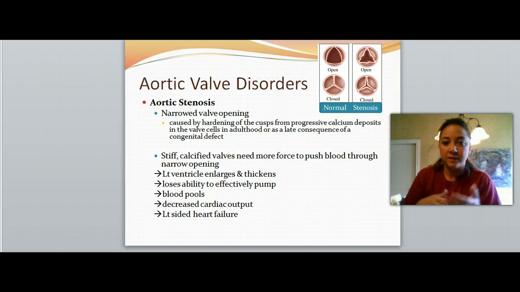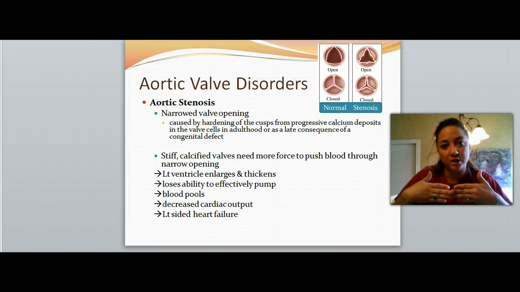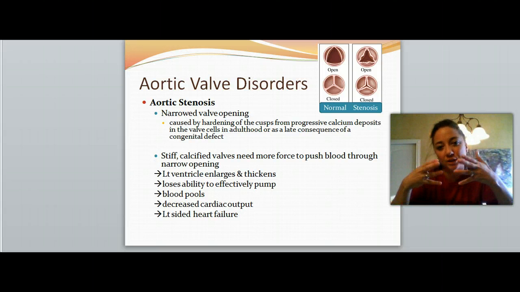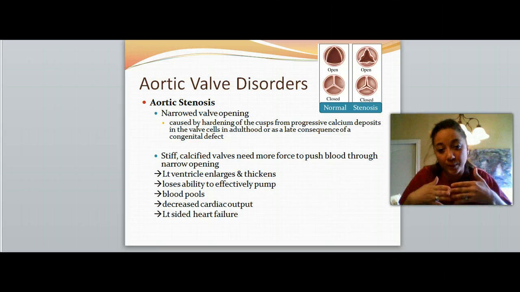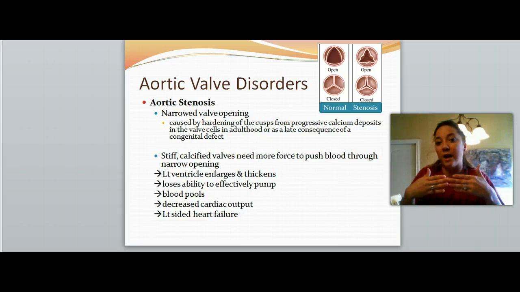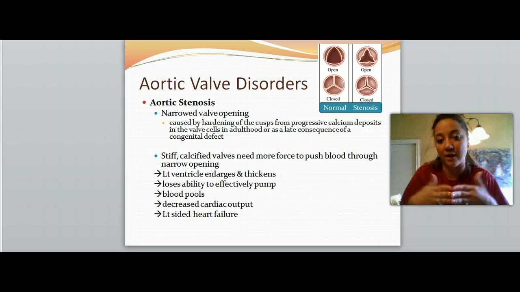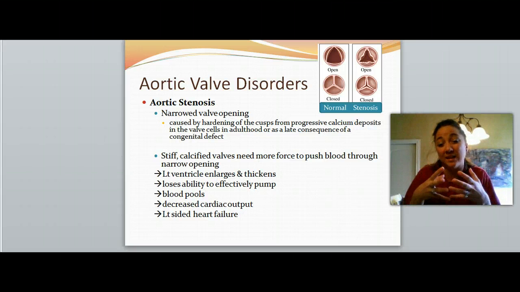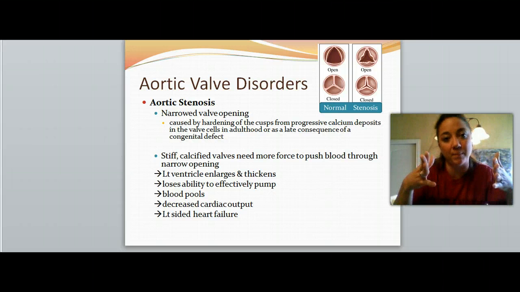Yeah, so it needs more force in order to push those hard, narrowed leaflets open to allow the blood to go through. But what happens when we have less blood coming out of that valve is that the left ventricle is going to enlarge and thicken and try to compensate for the blood staying within it instead of being pumped out.